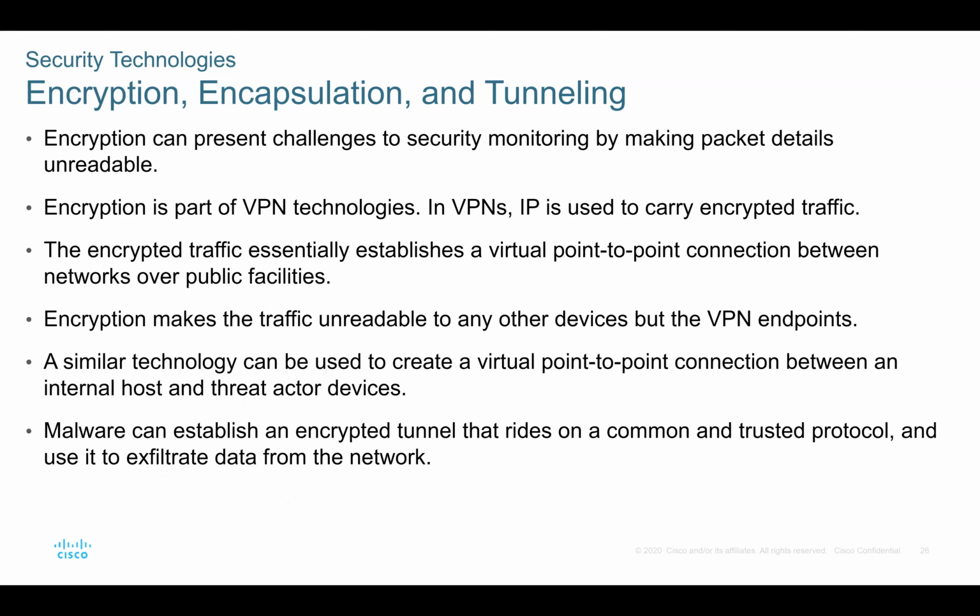Encryption, encapsulation, and tunneling. So encryption, of course, we already know is very important to protect the confidentiality of the data. So no eavesdropping on the data will happen. But also the problem is you can't see it, like I said earlier. You won't be able to figure it out.